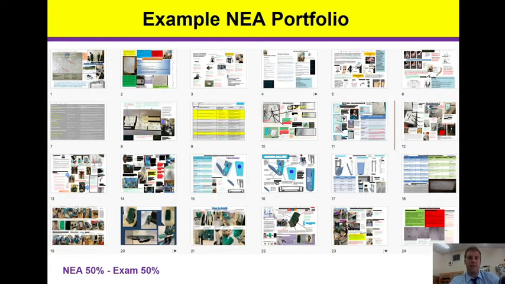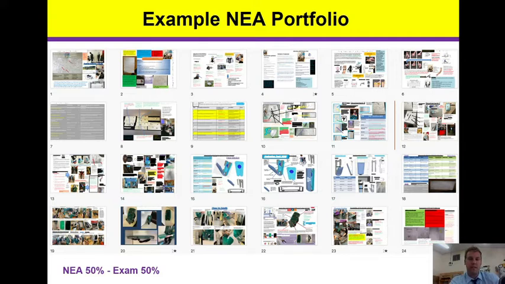This is a brief, concise example of an NEA portfolio. It is only 24 slides long and ranges from slide 1, which is initially exploring the three contexts released from the exam boards, through to slide 3, which is analysing existing products within that contextual area, through to slide 6, which is looking at model making.